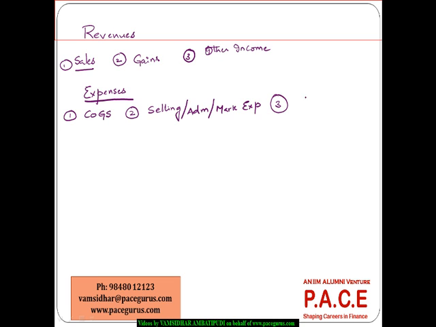Then there is a broader expense called depreciation, which is associated with the usage of the fixed assets, the property, plant, and equipment, what proportion of it has been used till now, and even the intangibles which have a limited life. That is what goes as a part of the depreciation expense.